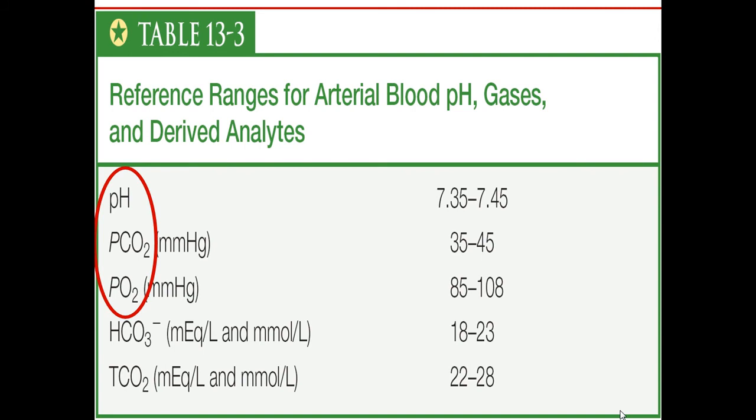We're using ISEs basically to measure. Only 3 are directly measured. Everything else is calculated. Okay, so we're only going to learn those 3 measuring devices. For pH, PCO2, and PO2. And you need to know these reference intervals.